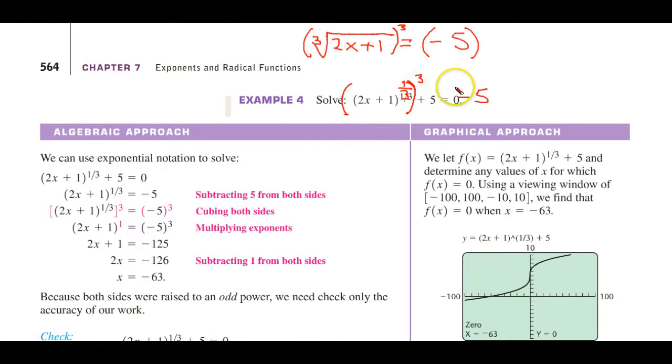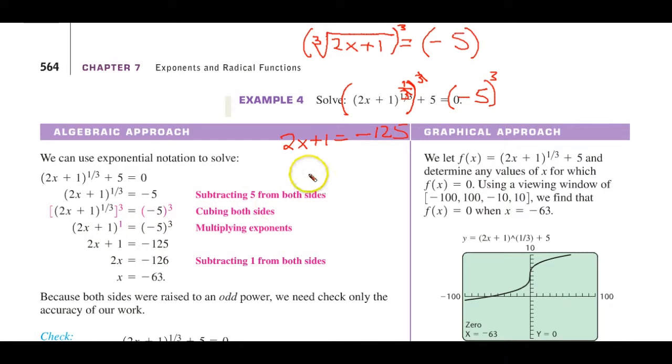You're going to multiply that by a 3. And again, exponent of 3. So now notice what happens. These just cancel out, and we end up with our radicand. And this is going to be a negative 125.